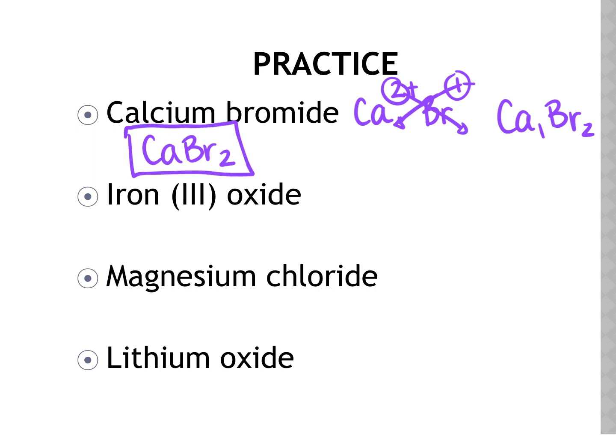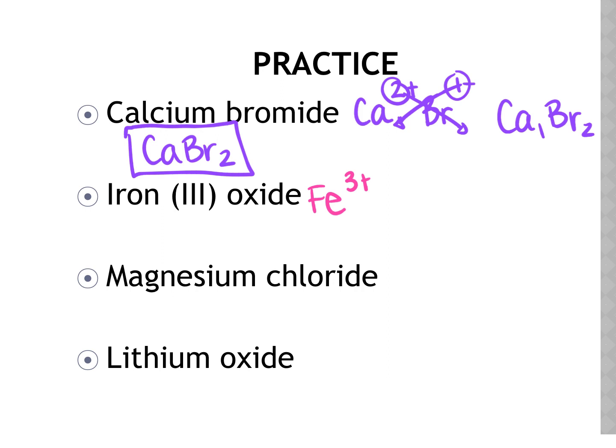All right, next, let's write the formula for iron 3 oxide. What's the symbol for iron? Fe. Does iron have a set oxidation number based off where it is on the periodic table? Okay, so how do we know the charge for iron? Do you remember this from Friday? Okay, it's 3. So this number in the Roman numerals, that is telling you the charge of iron. Okay, so iron is a 3+ charge.